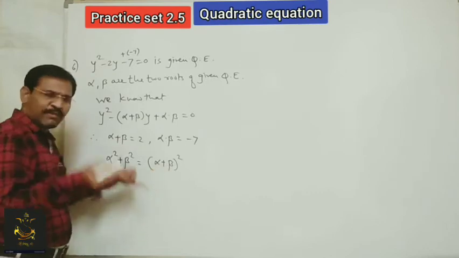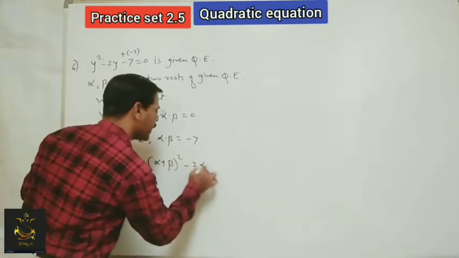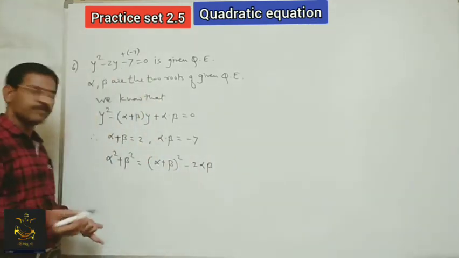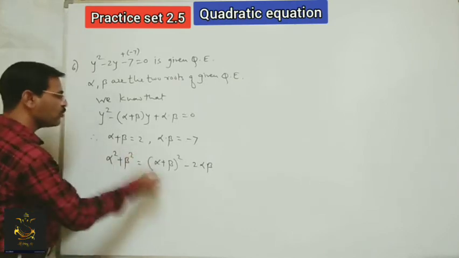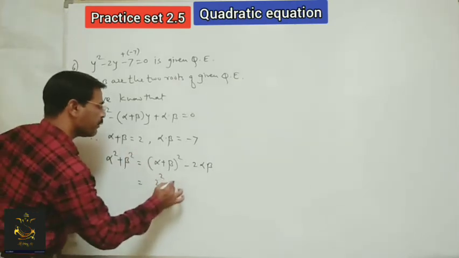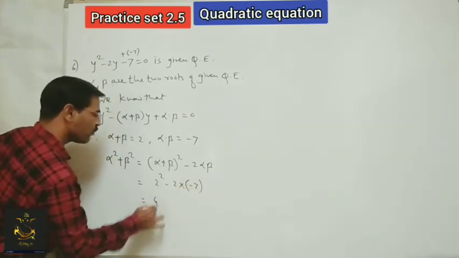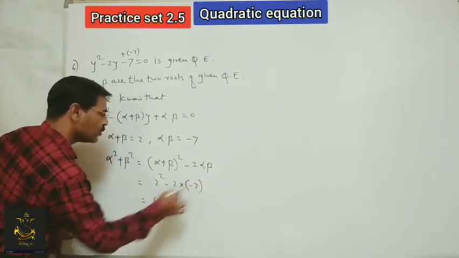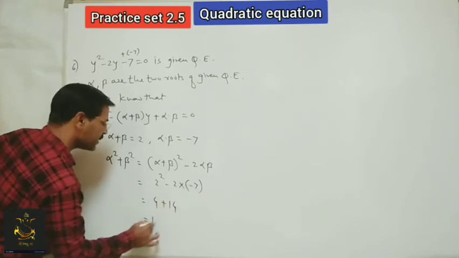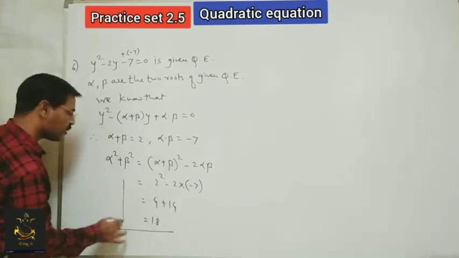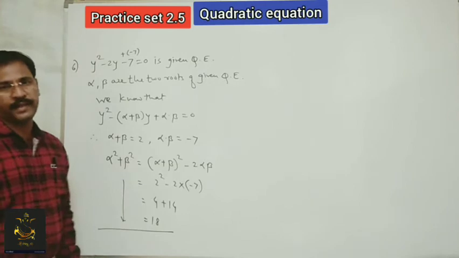Plus 2 alpha beta. That one we don't need here, so write minus 2 alpha beta. Now try to put the values here. What is this? 2 square minus 2 into alpha beta, which is minus 7. So here it is 4 minus minus plus, 2 sevens are 14. This is 18. This is alpha square plus beta square.